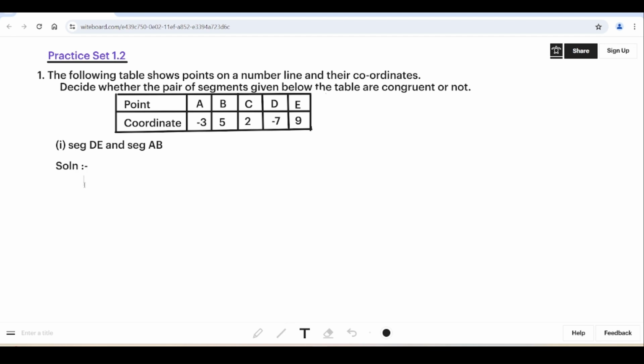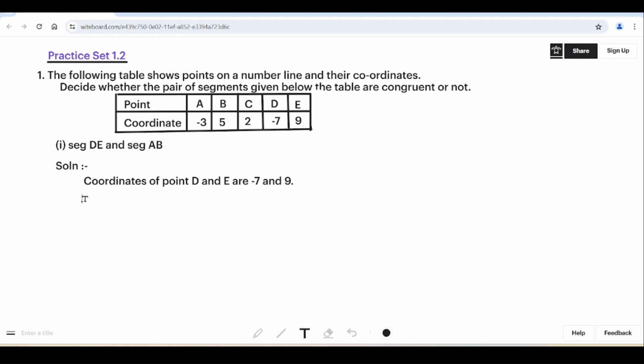The coordinates of points D and E are: D has a coordinate -7 and E has a coordinate 9. Right?